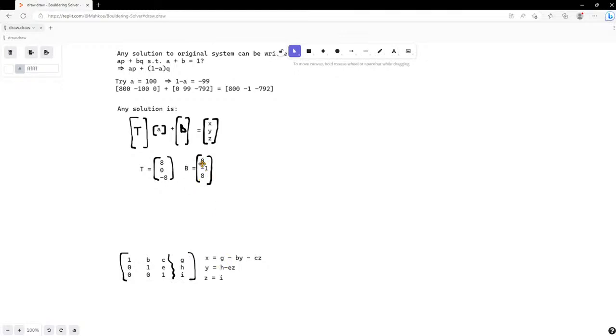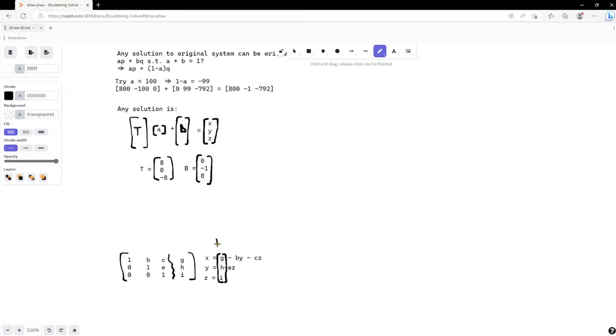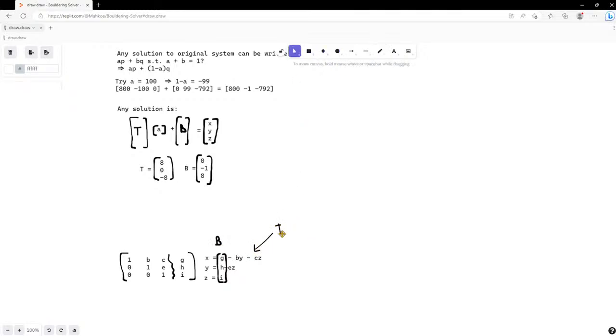So okay, what I'm trying to get at here is that this here is B, and the rest of this is, I'll just draw it like this, the rest of this is T, I think. Right?